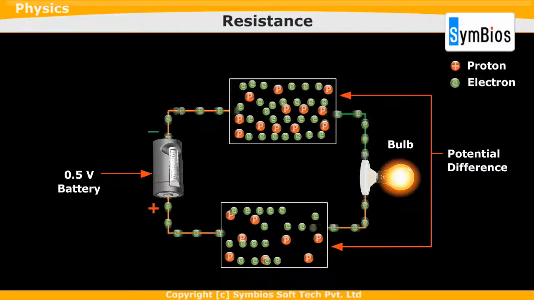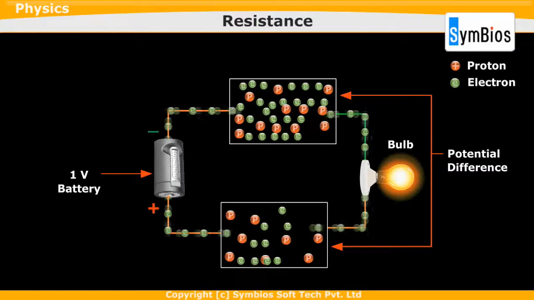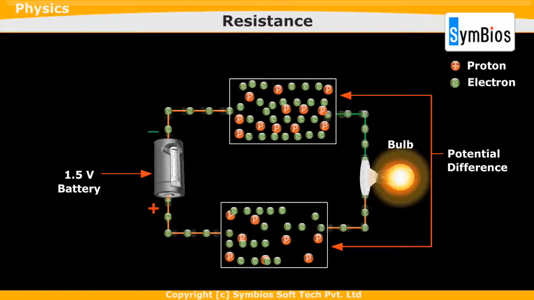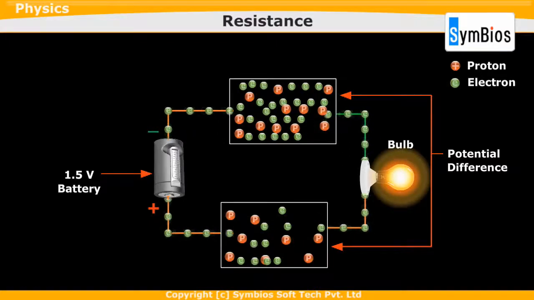Now, we will replace it with a 1 volt battery. We can see that the bulb glows brighter. Now again, we will replace it with a 1.5 volt battery. Now, we can observe that the light glows even brighter.